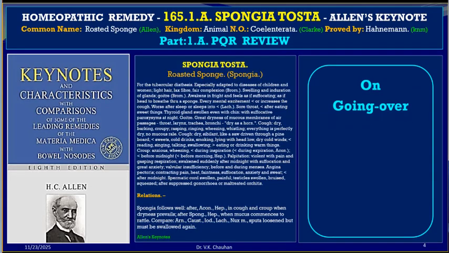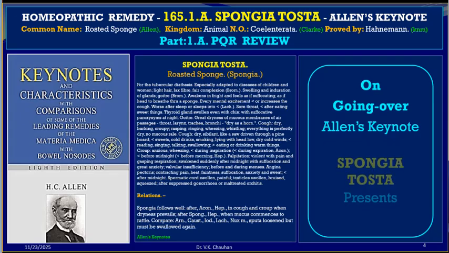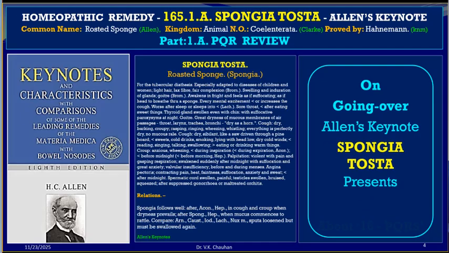Once again, if you go through the text of Spongia tosta in Allen's keynote, you will find that it has a total of 16 PQRs. 16 PQRs means 16 sentences which cover the red line symptoms.